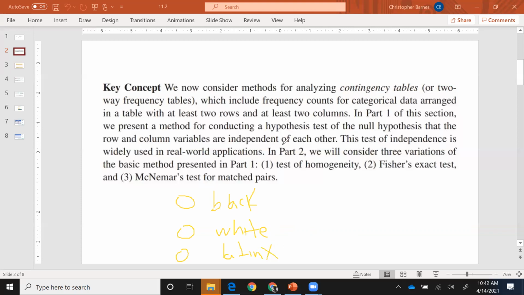Now, we're going to enter this data into our spreadsheet, and we're going to give Black a value of 1, white a value of 2, and Latinx a value of 3. Now, in this survey, just to make sure that we are moving with this example, we're not going to have an other, we're not going to have all, I'm just creating 3. Don't come at me, Dr. Barnes, there's other ethnicities you forgot.